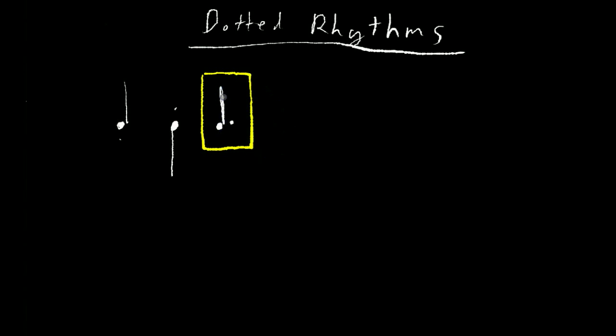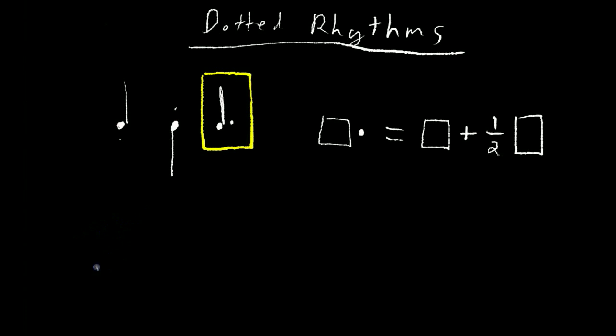If we have something, and then we put a rhythmic value dot next to it, we get that same something plus an additional half of whatever that something was. So, here's just a kind of an abstract example.